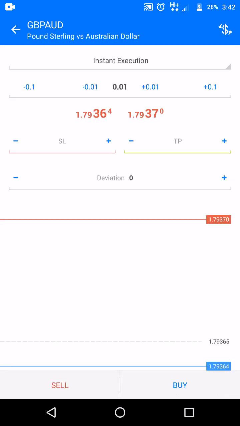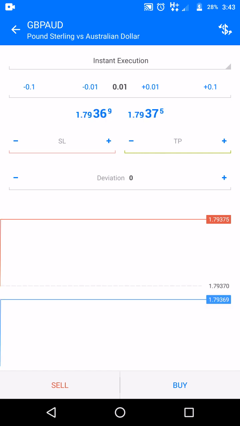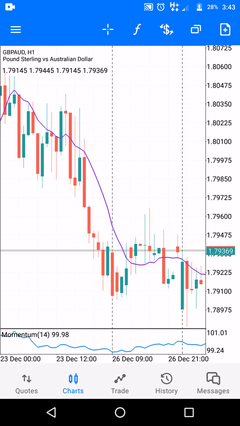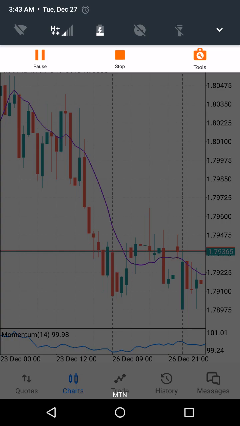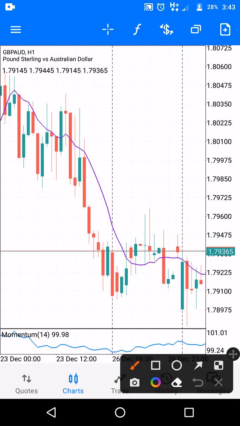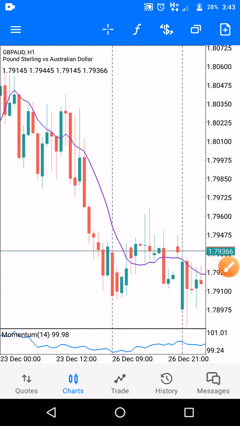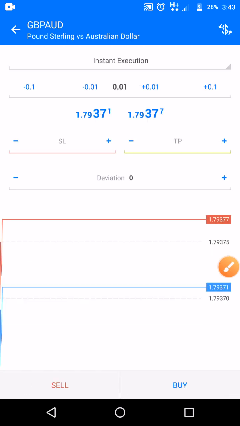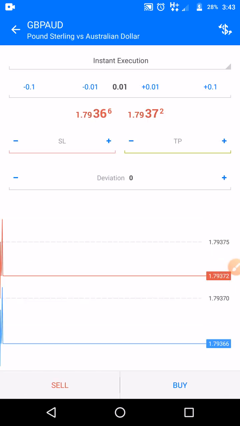So let's say when we want to buy, okay, let me show you. Let me bring up my tools. Okay, so when you click here, it will open where you can buy, create your stop loss and other things.